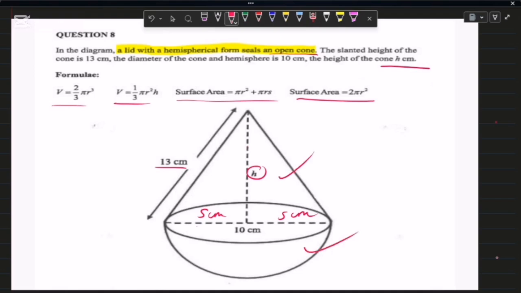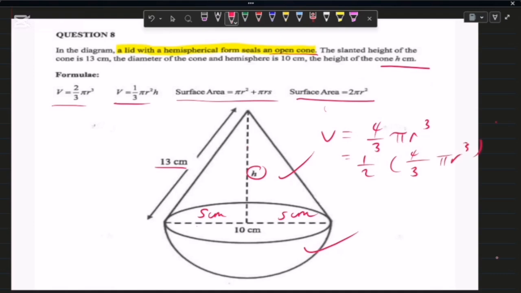Let's think about the hemisphere for a moment. We know that the volume of a full sphere is given by 4/3 pi r cubed. The volume of a hemisphere should be half of the volume of a sphere, so half times 4/3 pi r cubed.